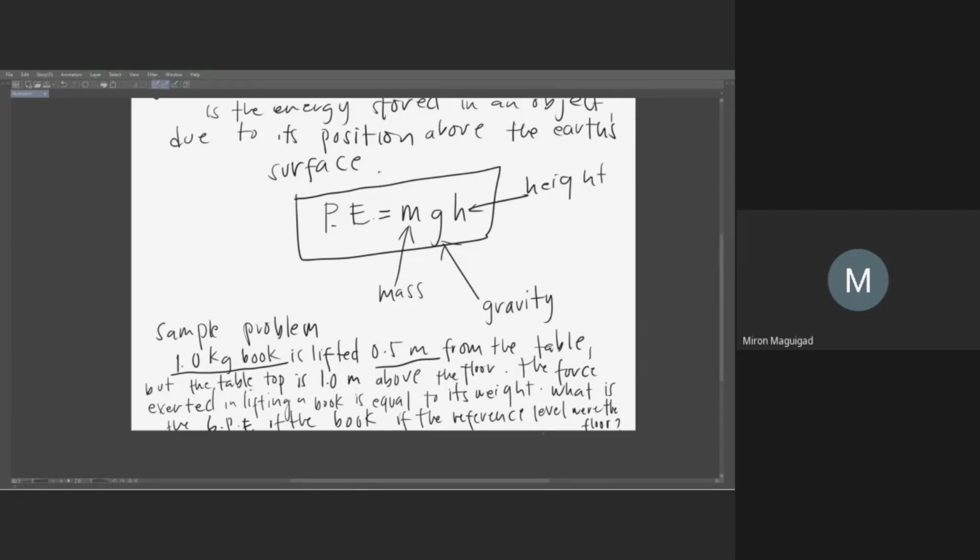So how do we answer that? With the use of this formula for potential energy, we get the mass here, which is 1 kilogram.